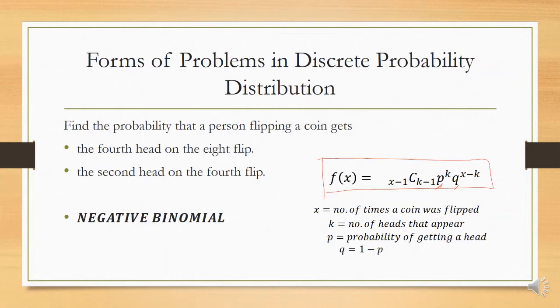So, ang x natin is the number of times a coin was flipped. So, this time, 8 beses natin siyang finlip. K natin is the number of heads that appear. Ibig sabihin, 4 yung head na nag-appear sa 8 times. The probability of getting a head is the P, and the Q is 1 minus P, the probability of getting a tail, syempre.